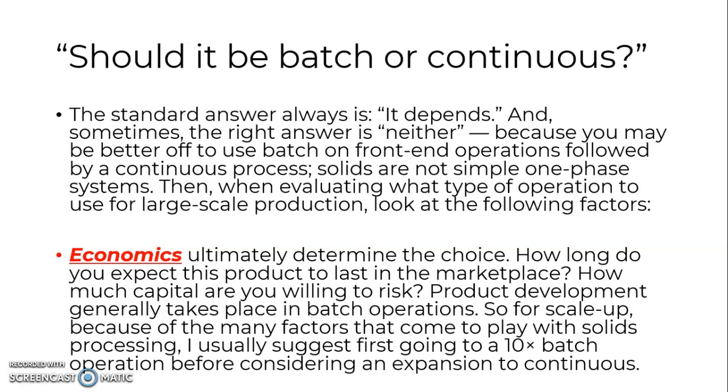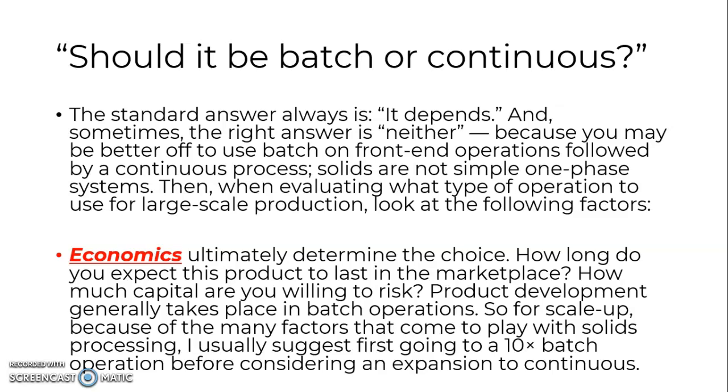Okay, so have a look at the following factors. First factor is economics, of course, money. How much capital are you willing to risk? Product development will generally take place in batch operation for scale up, because of the many factors that come into play with solid processing, so normally it is like 10 times batch operation before considering an expansion to continuous.